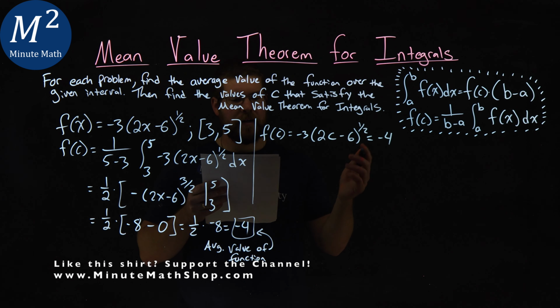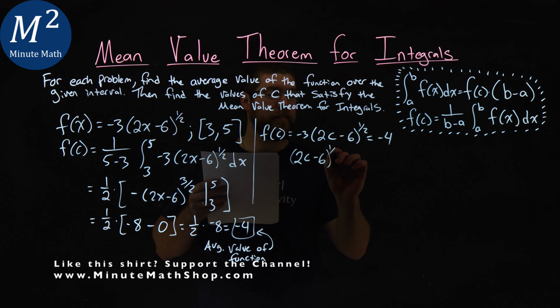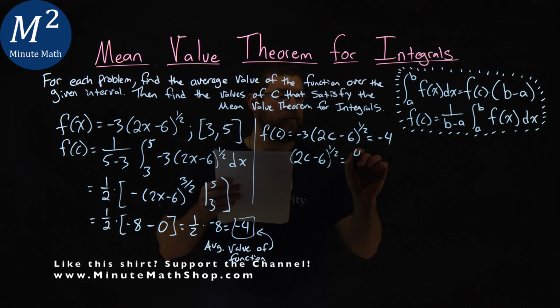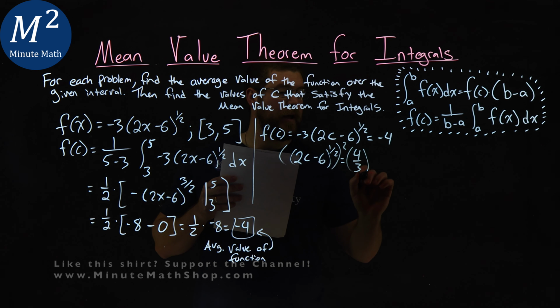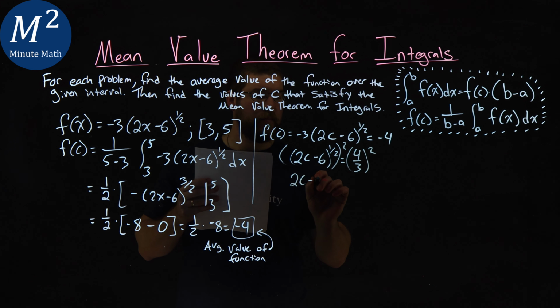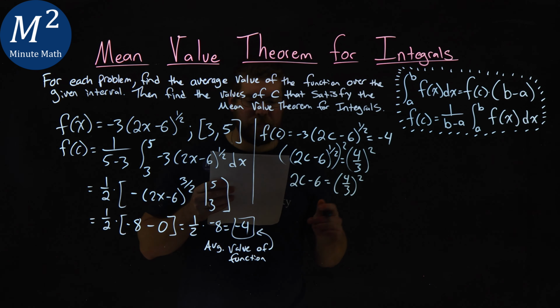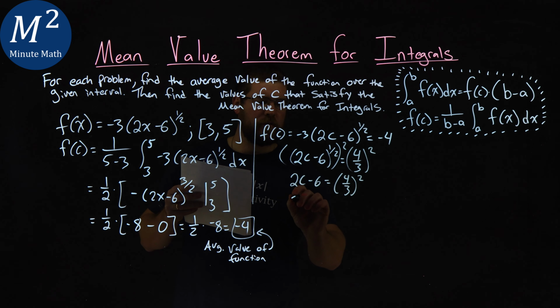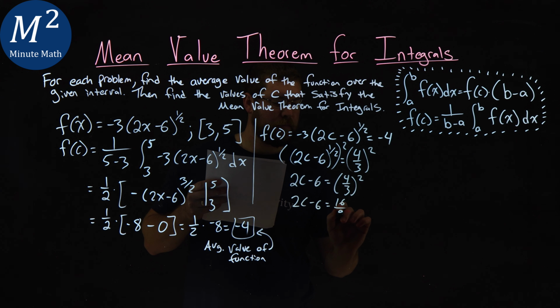I divide both sides by negative 3, and I have (2c minus 6) to the 1/2 power is equal to a positive 4/3. I square both sides to get rid of that 1/2 power, and I'm left with 2c minus 6 equals 4/3 squared. 4/3 squared is 16 over 9.